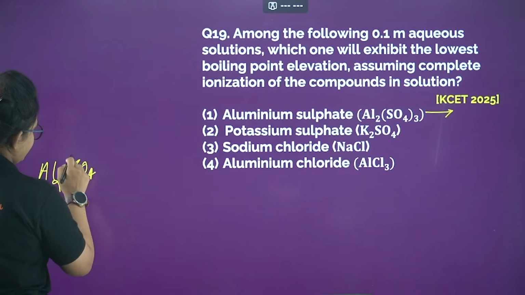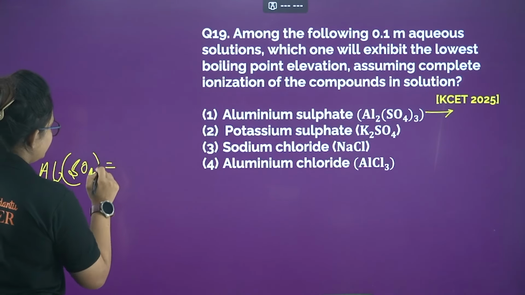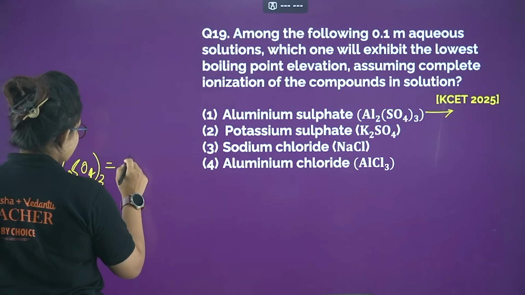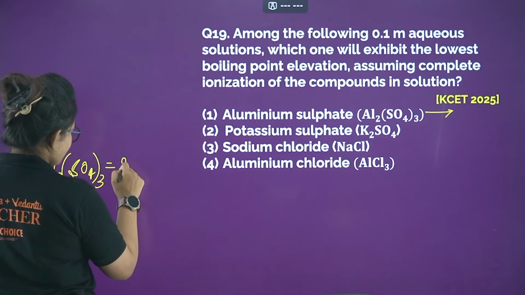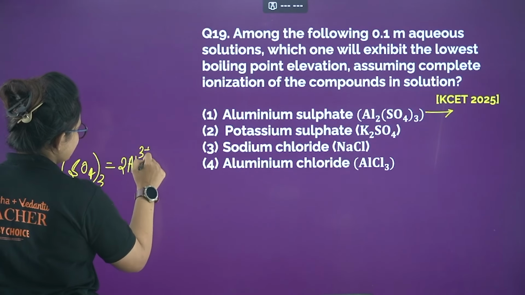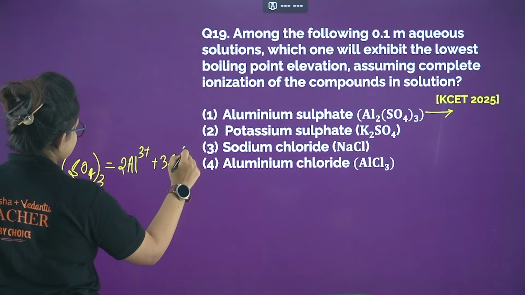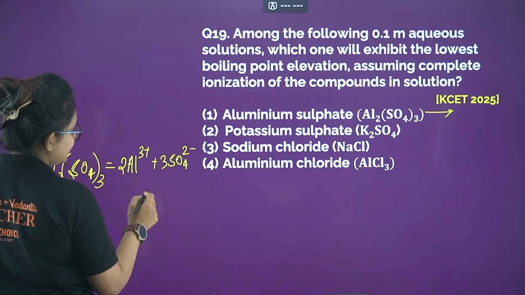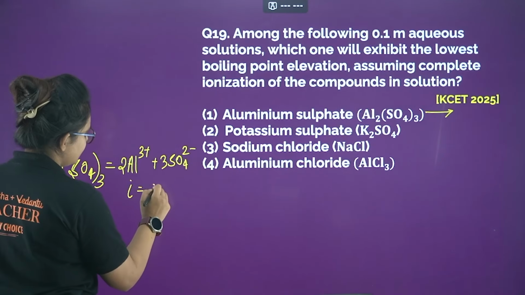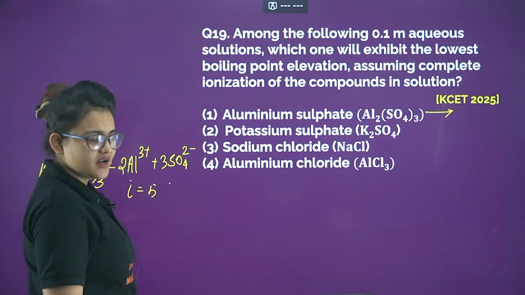If it dissociates, it will give you 2Al3+ and 3SO4 2-. How many ions are you getting? Total 5, hence i will be 5, right?